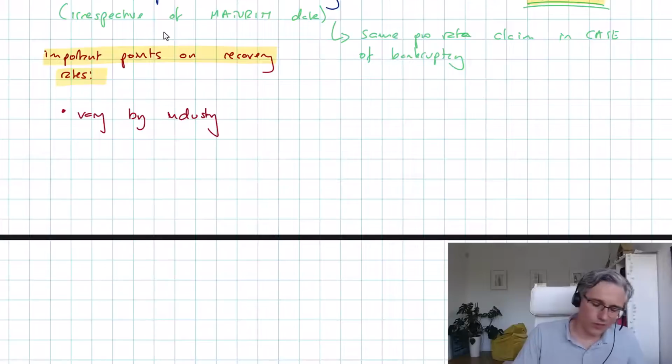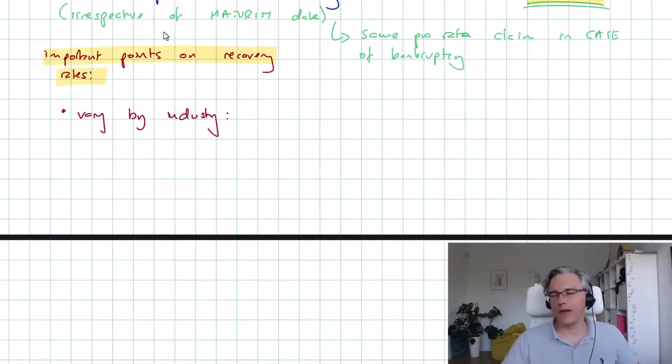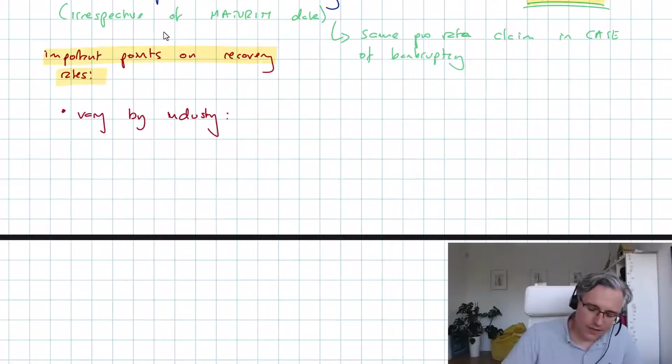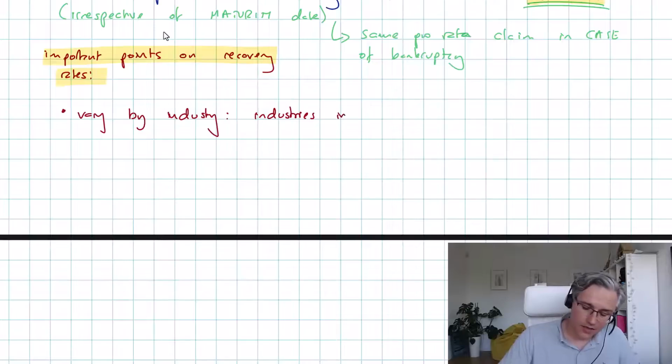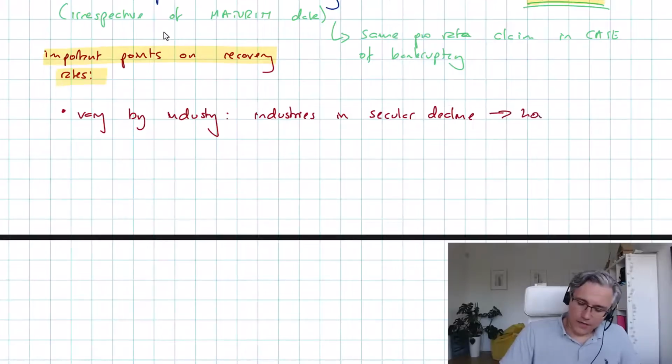And your book talks about them being especially low in those industries which are in what they describe as secular decline. Industries in secular decline will have definitely lower recovery rates.